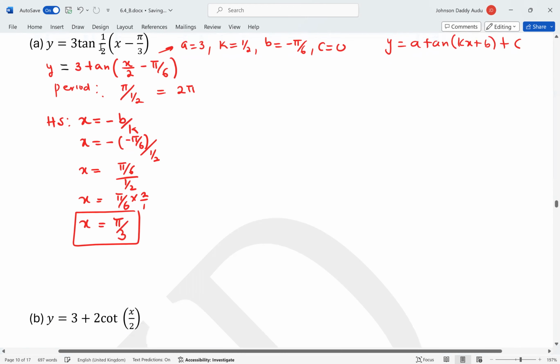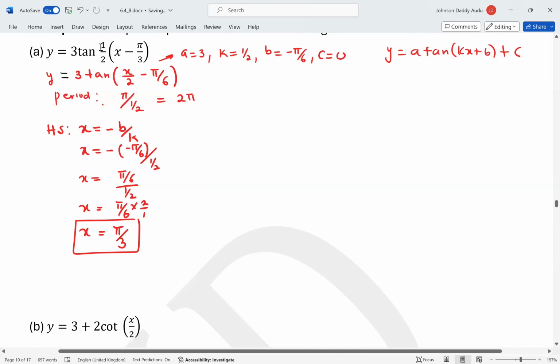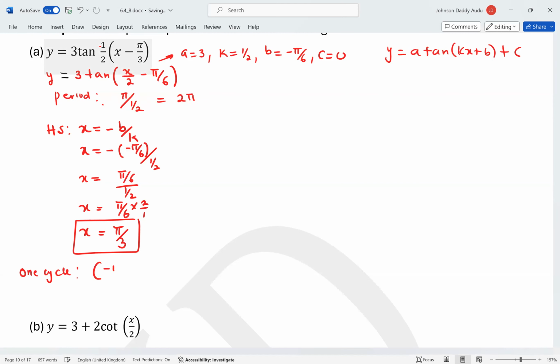But also, we know we have a period, right? One cycle of tan is completed between minus pi over 2k to pi over 2k, right? But now if you put in our k, remember K is 1 over 2.